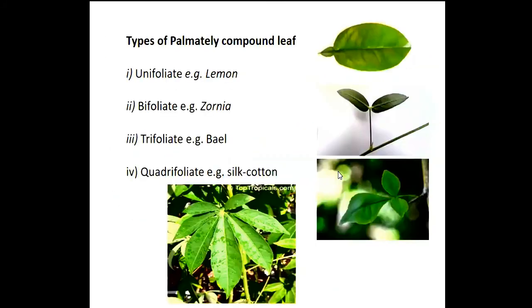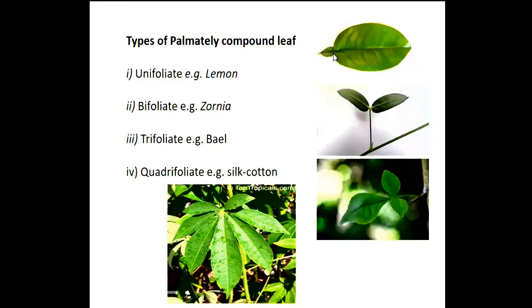Okay, what are the types of palmate compound leaf? They are very easy. Unifoliate compound leaf, bifoliate compound leaf, trifoliate, and quadrifoliate or multifoliate. So when the leaf incision, actually unifoliate, when the foliate structure is just one foliate structure.